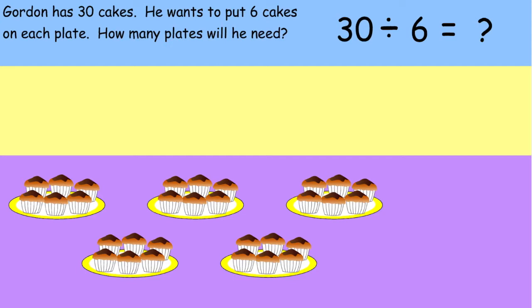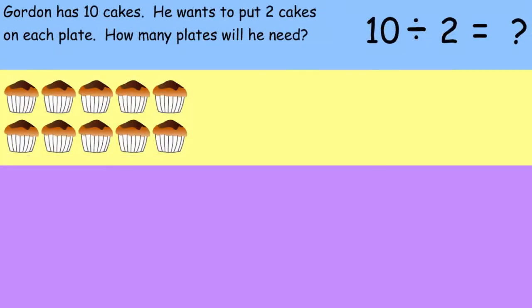Here's another one for us to look at together. This time Gordon has 10 cakes and he wants to put 2 cakes on each plate. So the calculation here is 10 divided by 2. I want to make groups of 2. Okay, so let's look as we make the groups of 2.